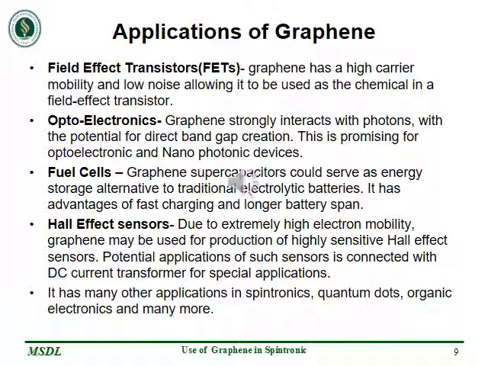A graphene supercapacitor could serve as an energy storage alternative to traditional electrolytic batteries. It has the advantages of fast charging and longer battery life. Due to the extremely high electron mobility, graphene may be used for production of highly sensitive Hall effect sensors. A potential application of such sensors is connected with a DC current transformer for special applications.